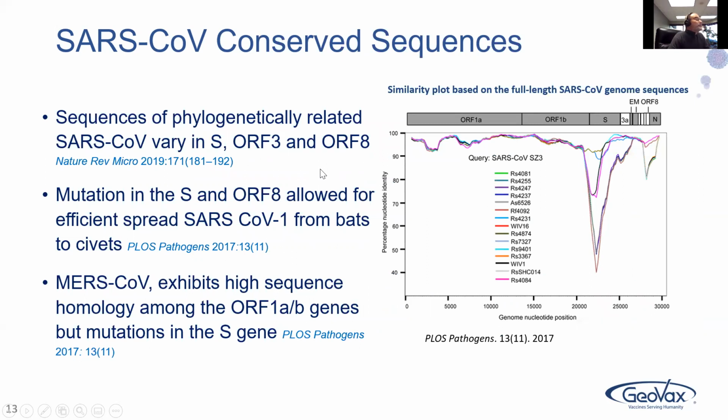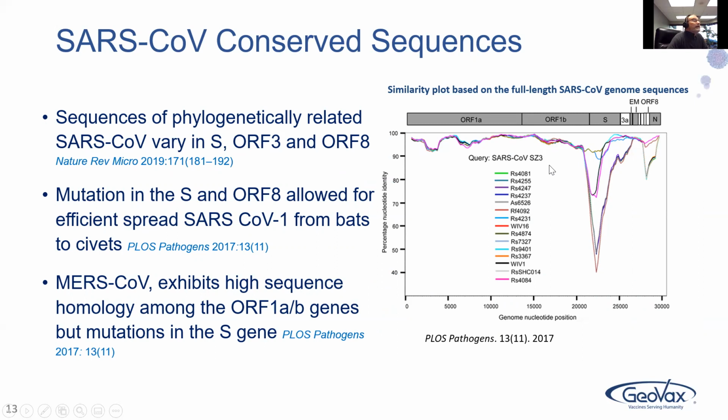So how do you induce responses and what do you target? Well, what we would target for T cell responses would be highly conserved sequences. And if you look at the genome of multiple CoV-2-like viruses, multiple coronaviruses, what you can see is there's a lot of variation in the S protein, the spike protein, plus some of the other open reading frames.